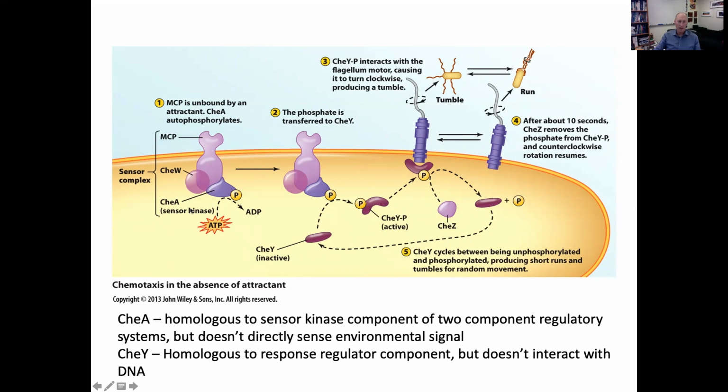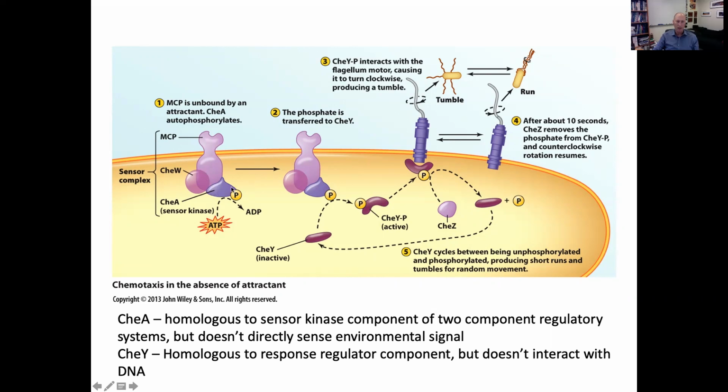Now, the homolog of the sensor kinase in the chemotaxis system is this protein CheA. Again, it is not directly sensing attractants or repellents. It is sensing the response of MCP to those attractants and repellents. MCP, as you'll see in a subsequent slide, stands for methyl accepting chemotaxis protein, right?